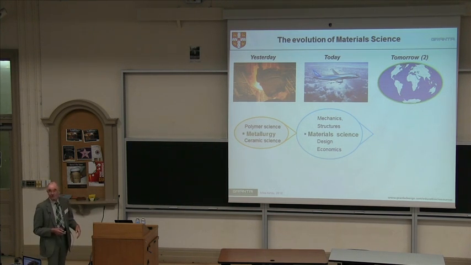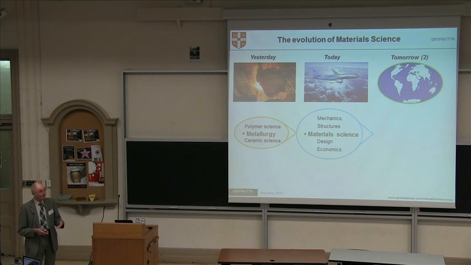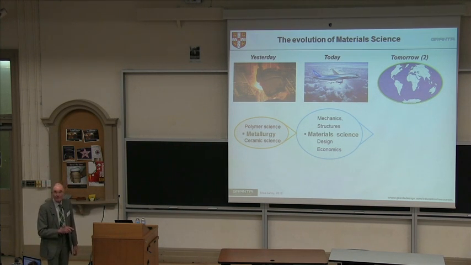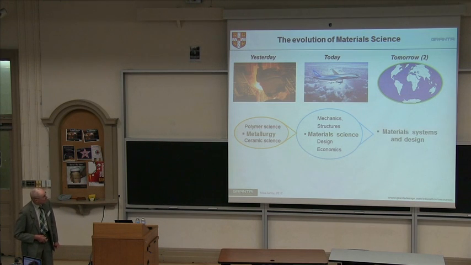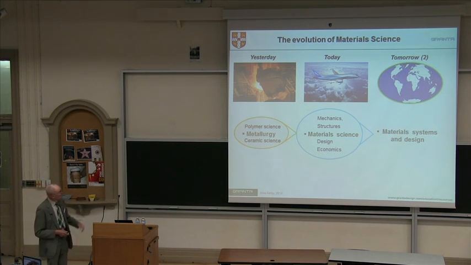And another, of course, is the impact they have on us, the emissions and the other things which also permeate all the way around the world. Most notably, things like global warming, possibly climate change. We perhaps don't yet know, but we suspect. And so we have to begin to think, instead of material systems and design, in this evolution of the way our subject's going.